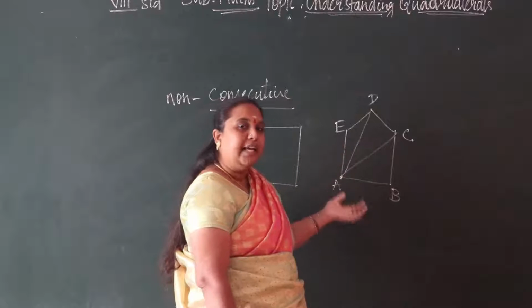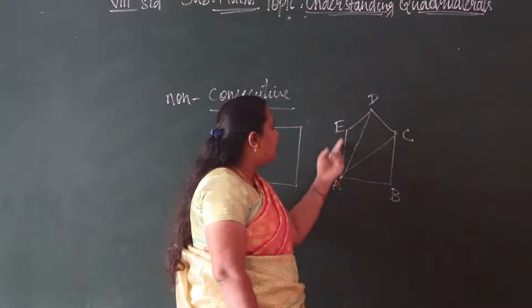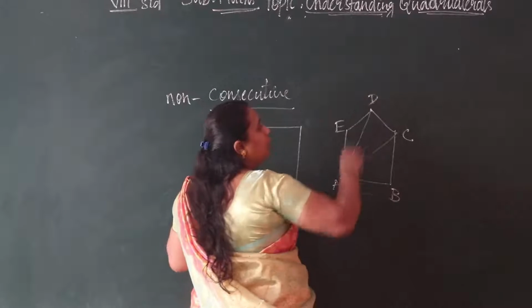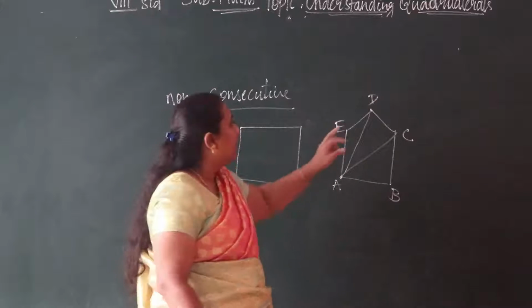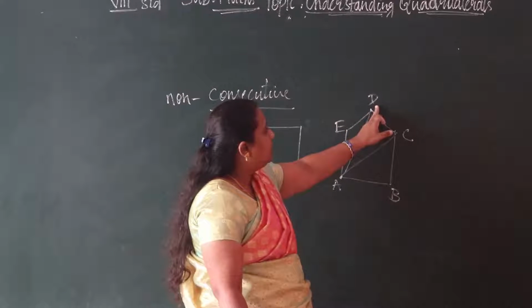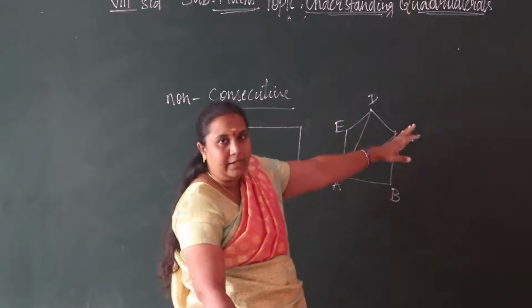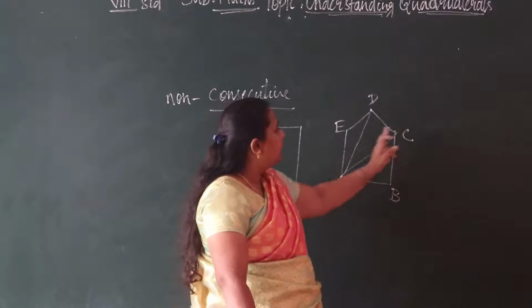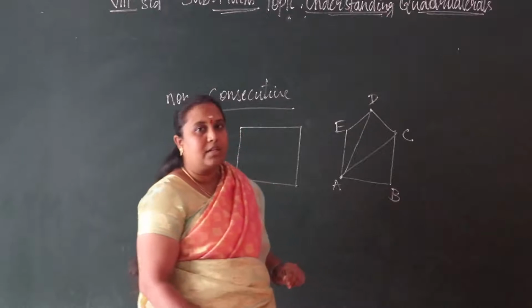Vertex E is next to A, so we can say these two are consecutive vertices. But A and C are non-consecutive vertices. This is not followed by A. Vertex D is followed by E. So we can say the next vertices, that is A and C, are non-consecutive vertices.